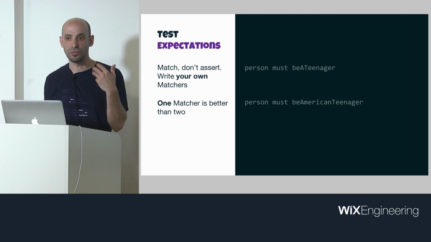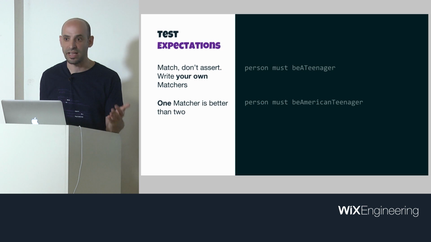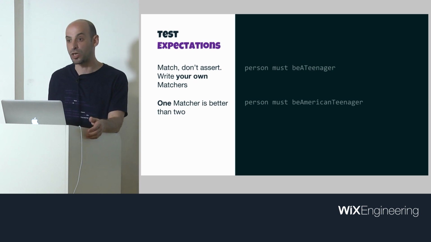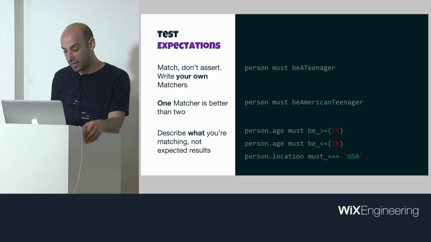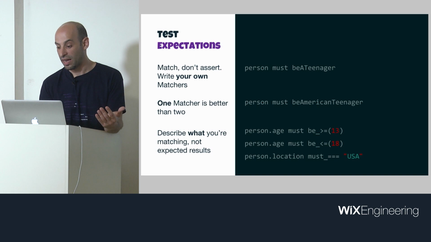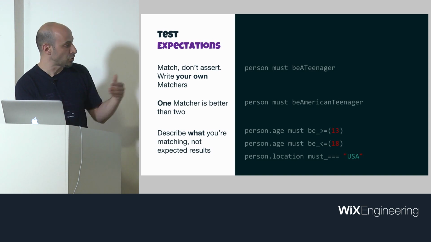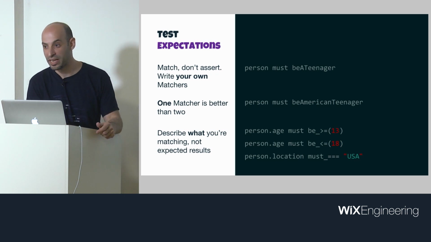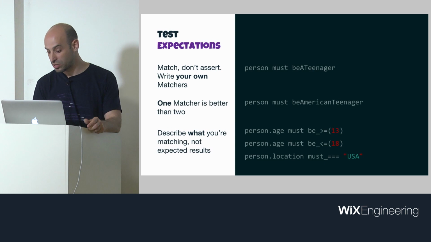Because if you see those three details, saying this and that and this, it's going to be very difficult for someone to understand what you try to say. And this is the last example. Be American teenager is actually those three built-in matchers. It's bigger than 13, it's smaller than 18, and its location is USA.